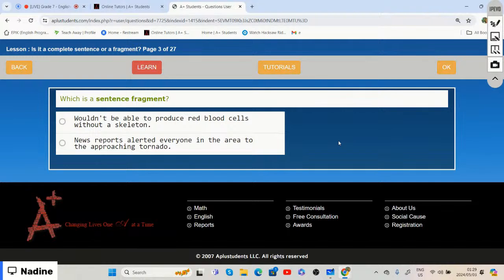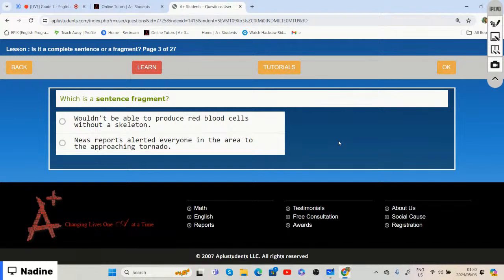All right, so we need to select a sentence fragment. Wouldn't be able to produce red blood cells without a skeleton. Or it says news reports alerted everyone in the area to the approaching tornado.